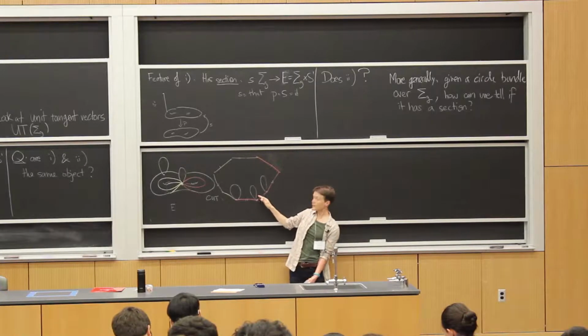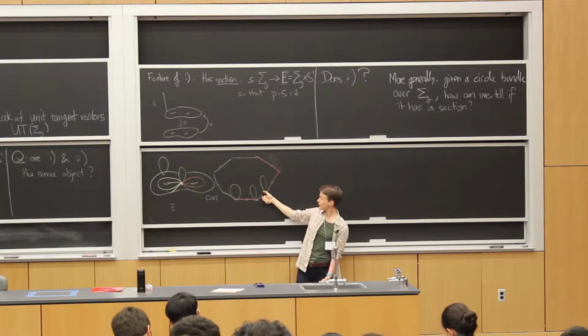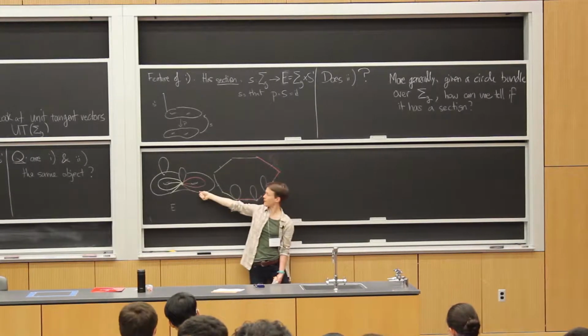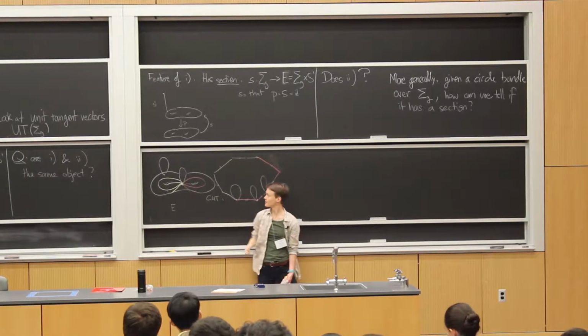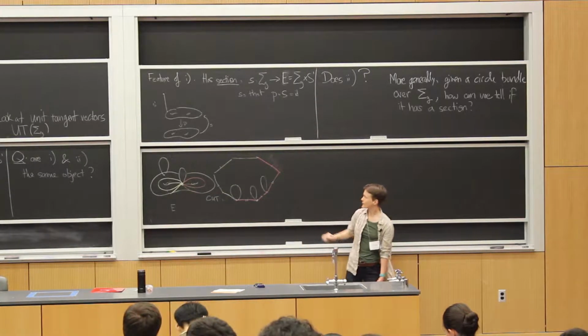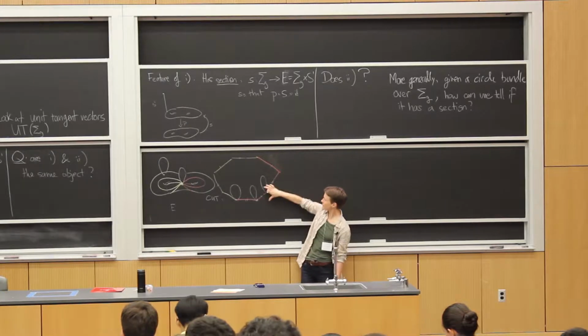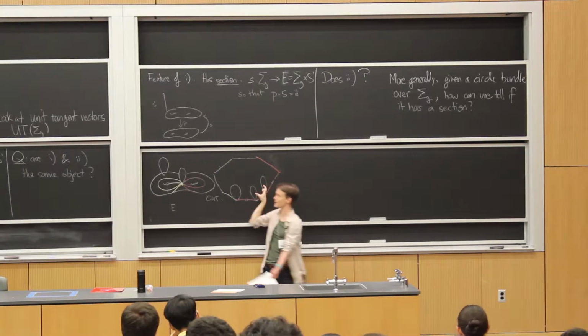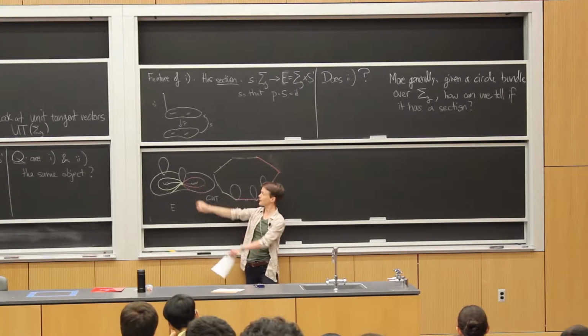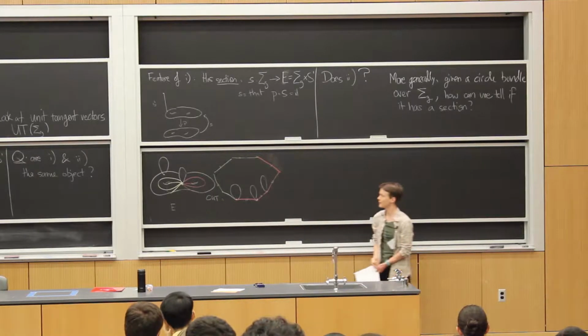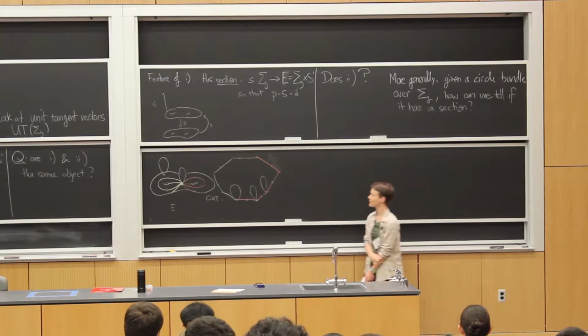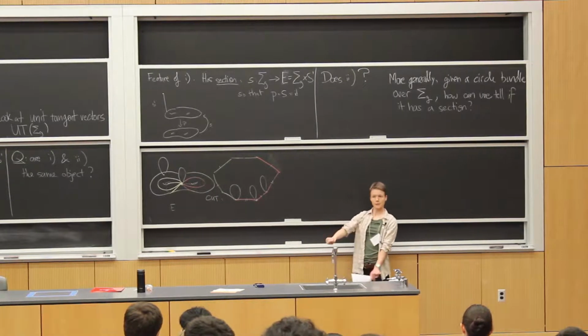So these are all the same, and if I glue this back together in the right way, I'll recover my object. You can think of this as disk cross circle with some instructions to glue it back together. That's how you get your circle bundle over your surface. Okay. Clear on this picture?